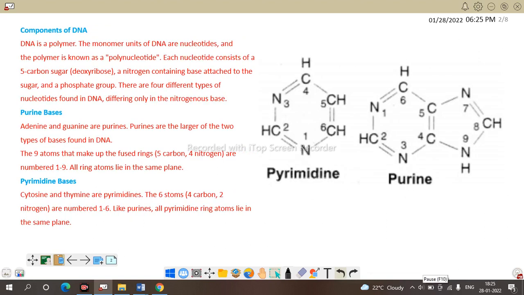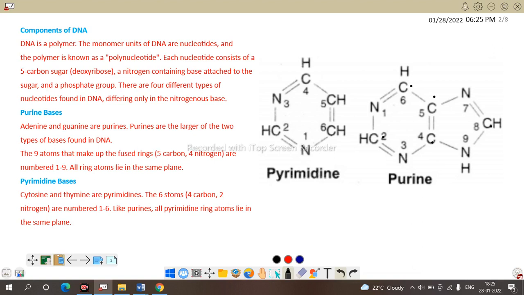Look at the diagrams of purine and pyrimidine. Purine is larger than pyrimidine, as you can see when comparing the images. In purine there are 9 atoms, out of which 5 are carbon: 1, 2, 3, 4 and 5.